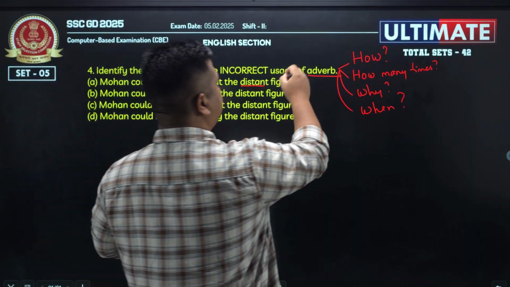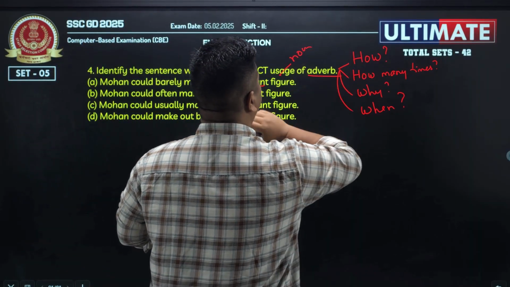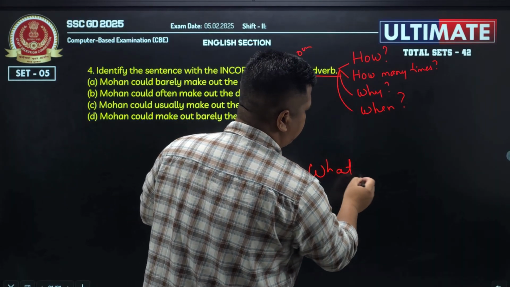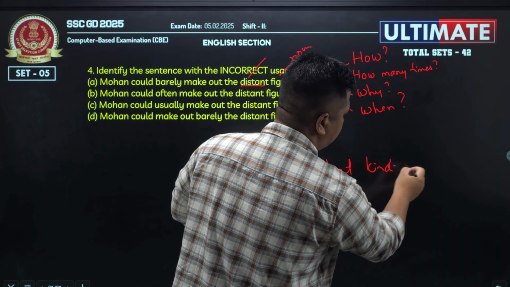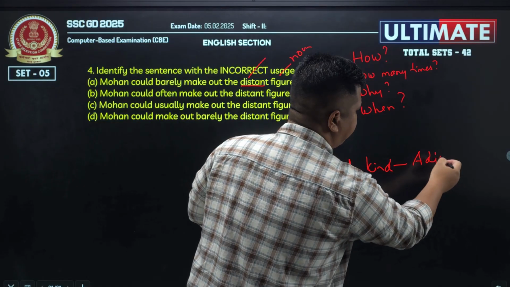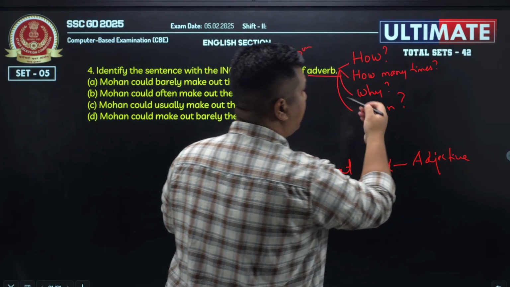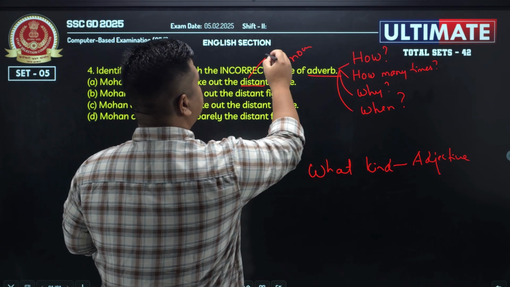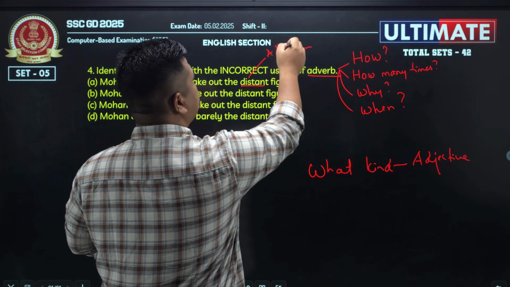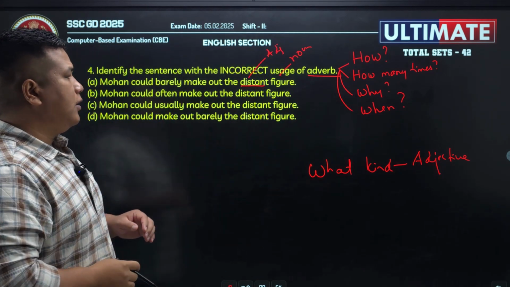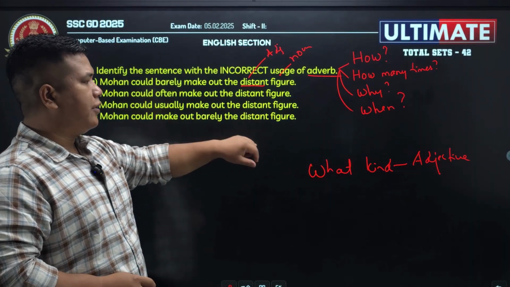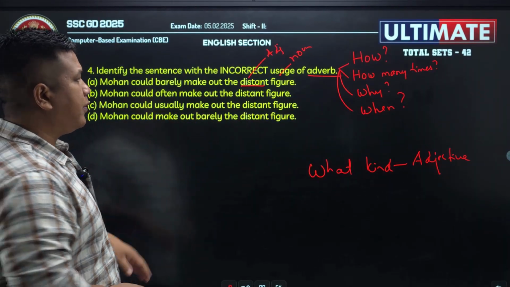The figure is a noun. What kind of figure? Which one? Distant figure. It is an adjective, not an adverb. Adverb answers how. What kind answers adjective. So distant is an adjective in all of A, B, C, D, and we will not bother about that part.